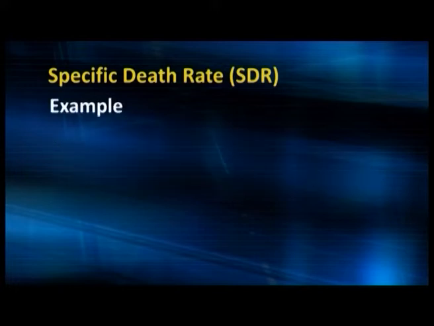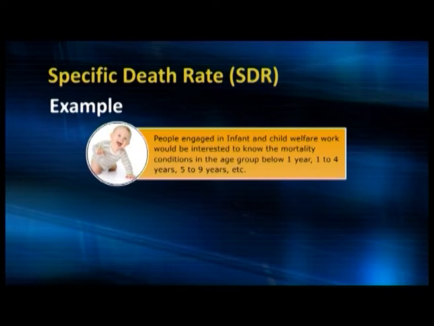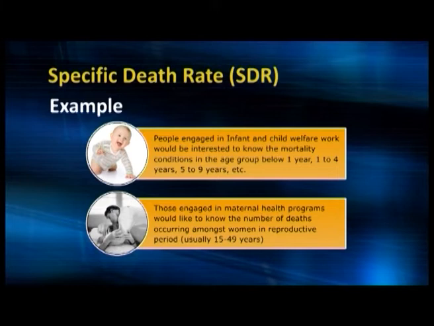For example, people engaged in infant and child welfare work would be interested to know the mortality conditions in the age groups below 1 year, 1 to 4 years, 5 to 9 years, etc. Those engaged in maternal health programs would like to know the number of deaths amongst women in the reproductive period, usually 15 to 49 years.